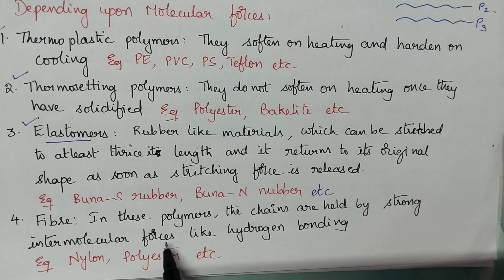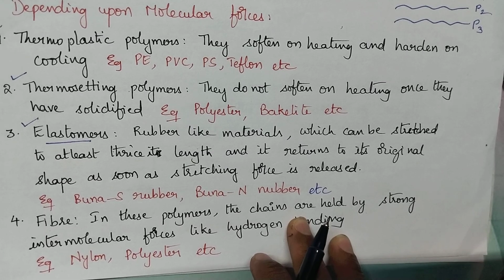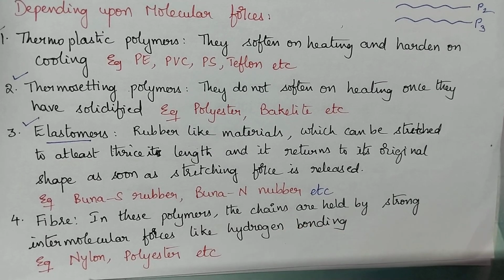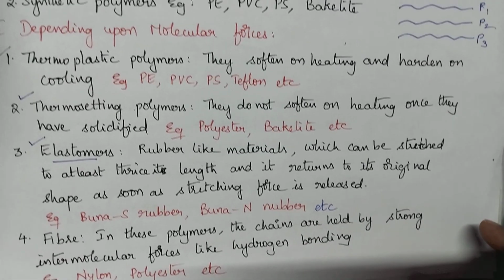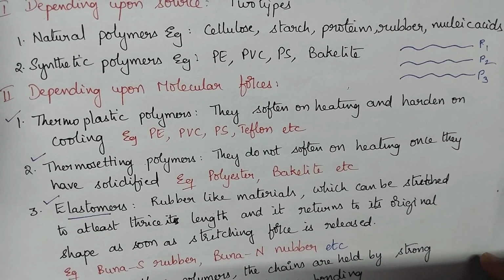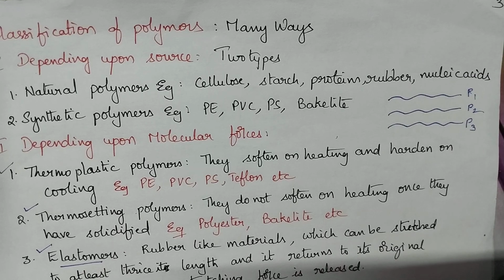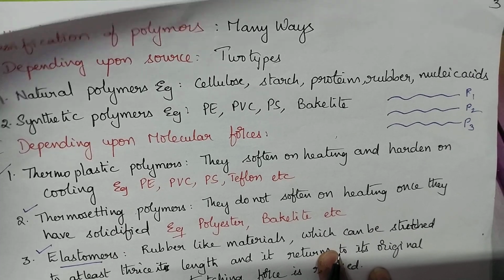Strong intermolecular forces such as hydrogen bonding will be present in fibers and hence they exhibit enough strength and stiffness. Good examples of fibers include nylon and polyester. Is it clear about the classification of polymers depending upon the molecular forces, students?